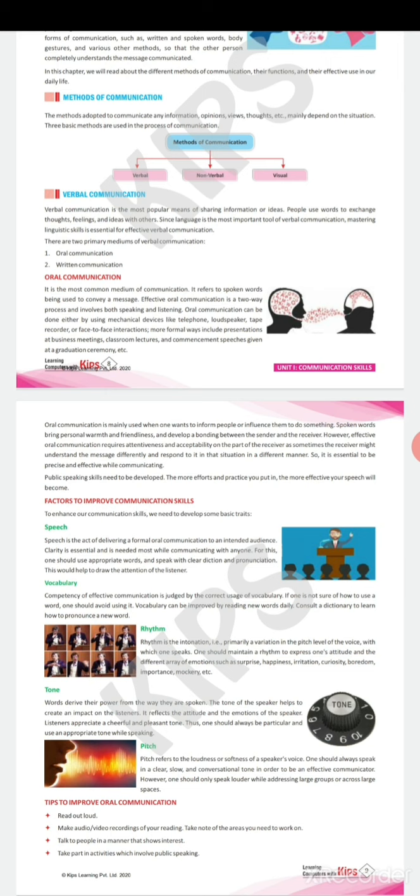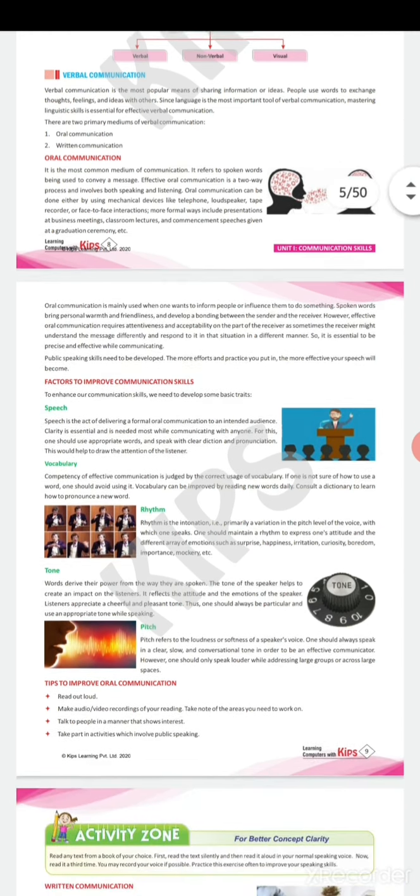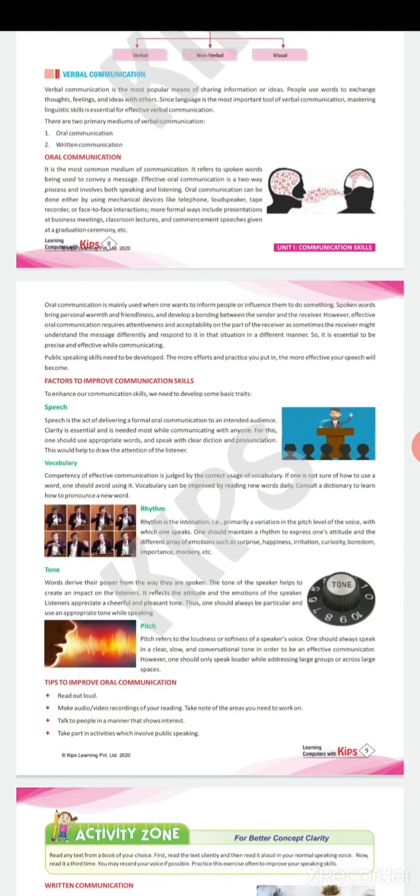In your ninth class you read what exactly oral communication is, but in this we will read how we can improve our oral communication skills. So first thing is speech, that means the correct way of speaking, using appropriate words, clear pronunciation. So these things should be there in you. Then you can say that you have the skill of speech, which is a skill of your oral communication.